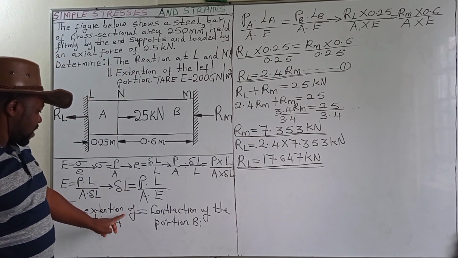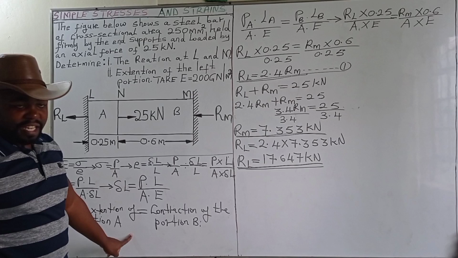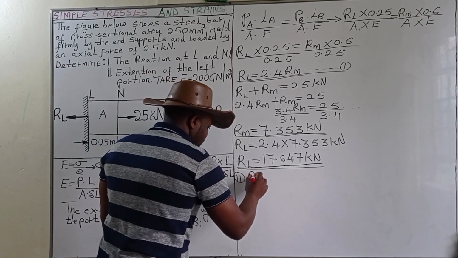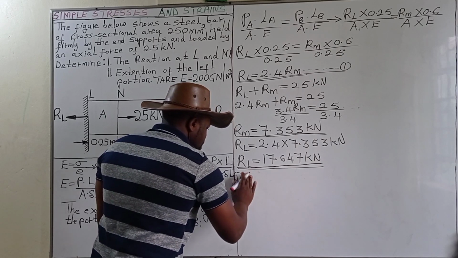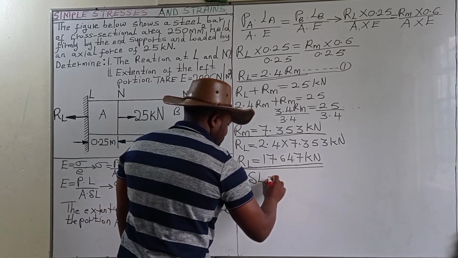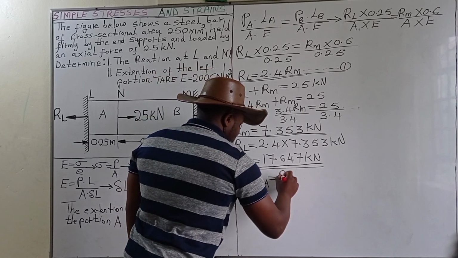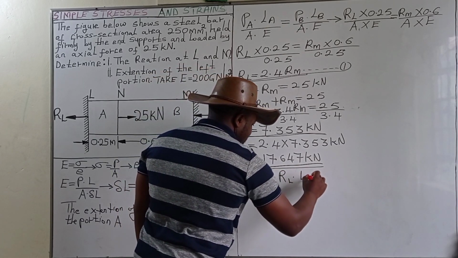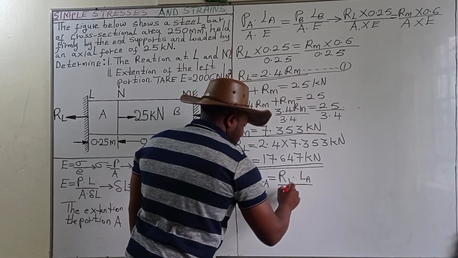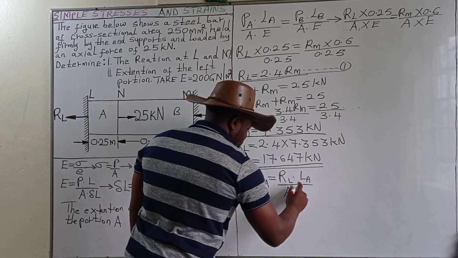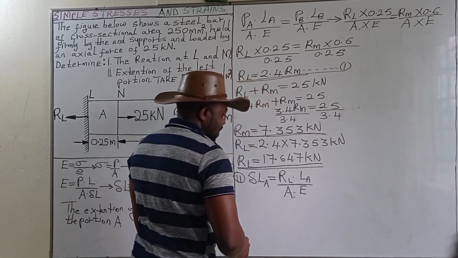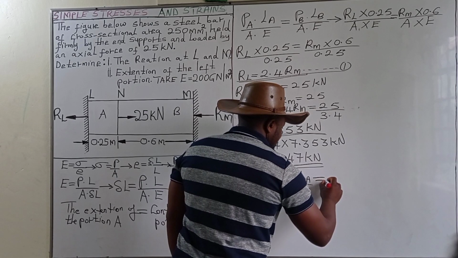It will give you the extension of the portion A. So in this case, we are going to say this, part 2 of the question, the change in length, that is the extension of the portion A, will be given by reaction at L times the length of the portion A divided by cross-sectional area of this steel bar times the Young's modulus of elasticity of steel.